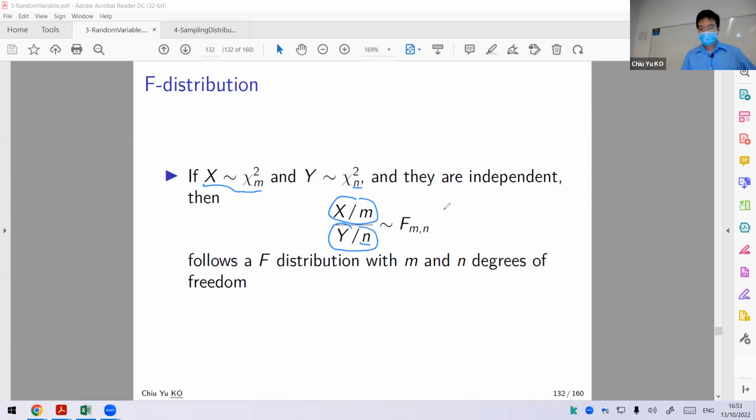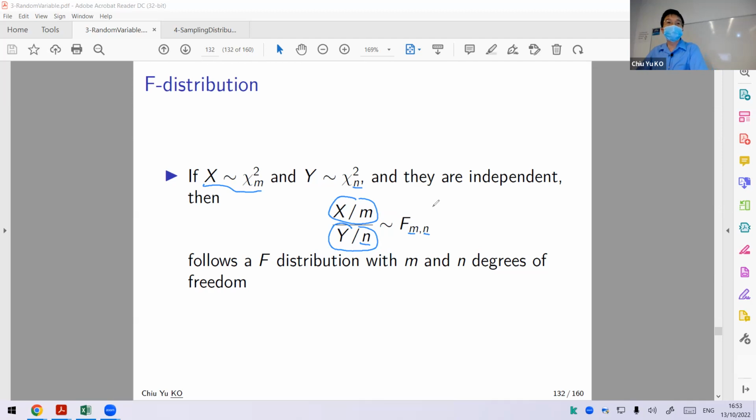So it's kind of the average of m chi-squared over the average of n chi-squared, and that gives you the F. This has two parameters depending on m and n, and probably you will ask what is the use of this. Actually, when we do ANOVA, we will be using F, and also when we do hypothesis testing, we will use F.